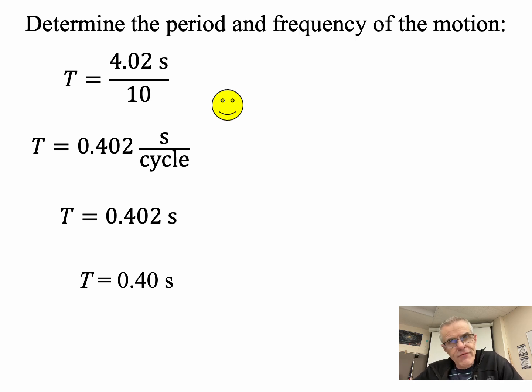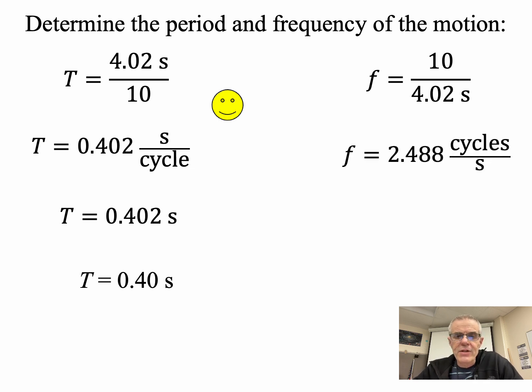Now, what if you want to find the frequency? Well, the definition of frequency is flipped around, and so would the calculation be. So frequency is not the amount of time per number of cycles, it's the number of cycles per amount of time. So we're just going to do kind of the same thing, but flip those numbers around. So now we're going to take 10 cycles and divide by the number of seconds. And that's going to give me a certain number of cycles per second.